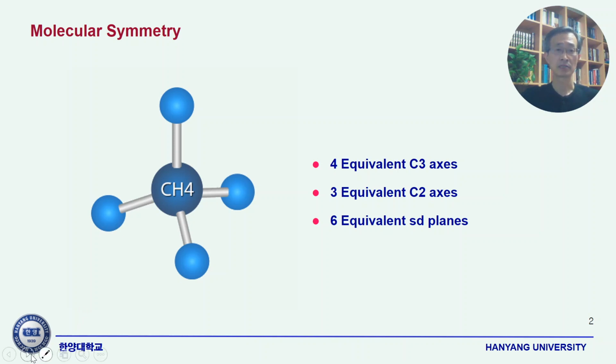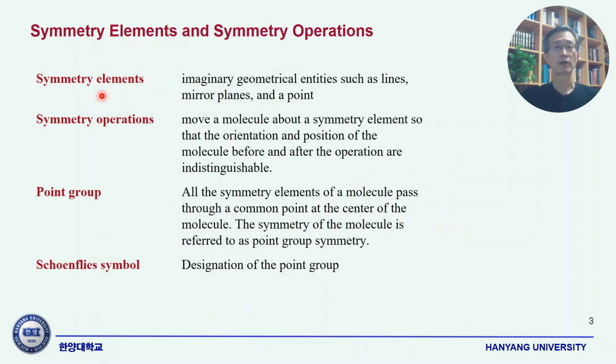So let's define some terms before we go further. There are symmetry elements, and each symmetry element we can operate on the molecule. Then you don't notice any change because you are switching the position of atoms to an equivalent geometrical place. So a symmetry element is a geometrical entity such as a line, which is a symmetry axis, a mirror plane, which is a plane, and a point, an inversion center like that.